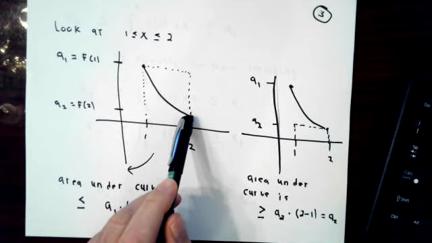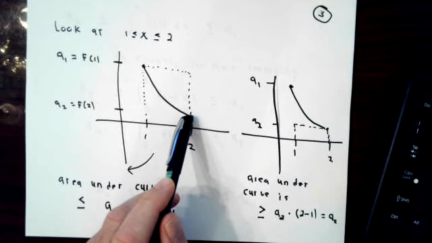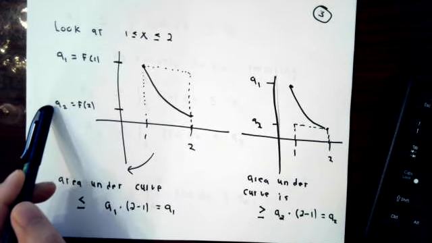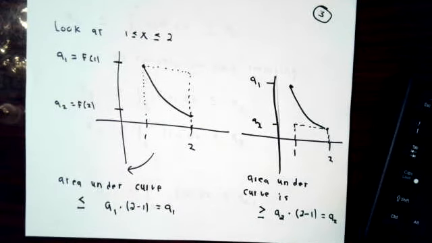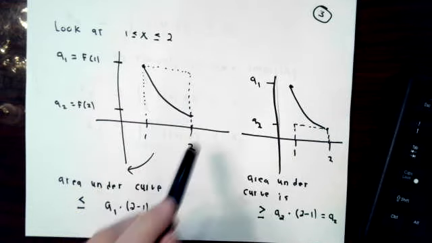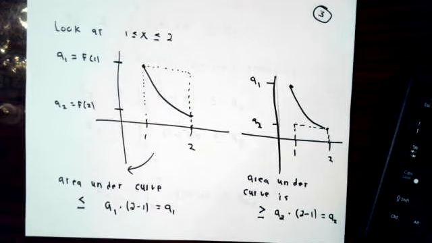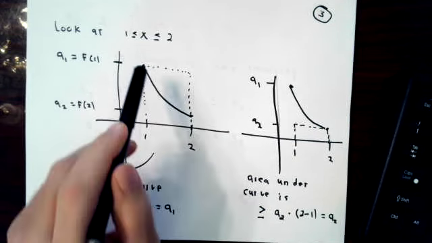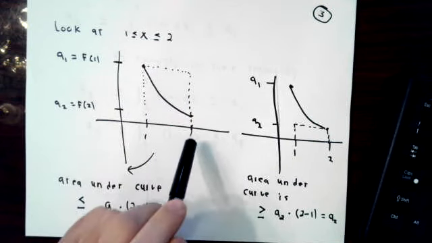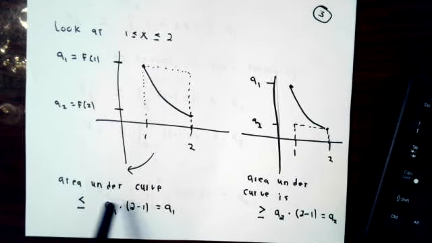This is supposed to be f of 2, but f of 2 is a_2. So I can express the height of this rectangle in terms of the a_n's. For this rectangle, the bigger height is a_1. So the area under the curve, which is no bigger than the area of this big rectangle, is no bigger than the height times the width, which is a_1.